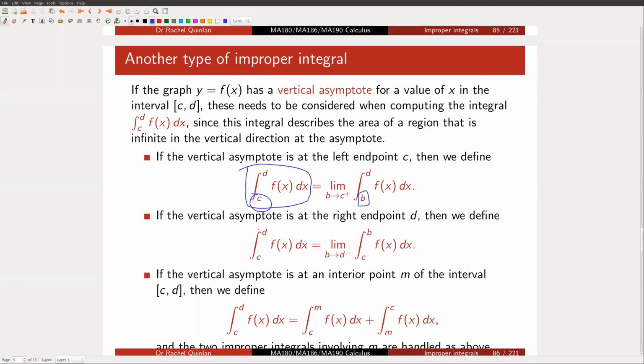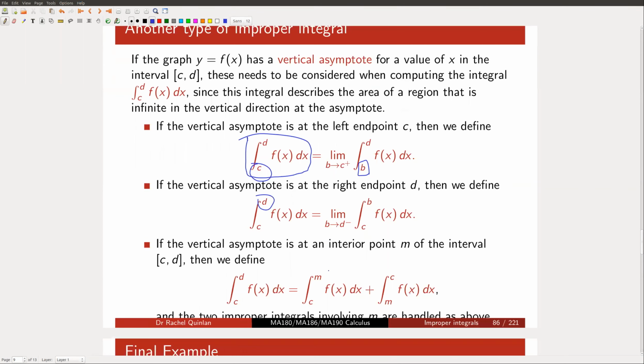Similarly, if you had a vertical asymptote at the right-hand limit point, you take an integral instead from c to b, where b is something between c and d, and look at the limit of that as b approaches d from below. If the vertical asymptote is at some point in the interior of the interval that you're integrating over, let's say at some point m, you'd rewrite it as the integral from c to m plus the integral from m to d, and deal with both of those according to the previous advice. So this is how we deal with these things.